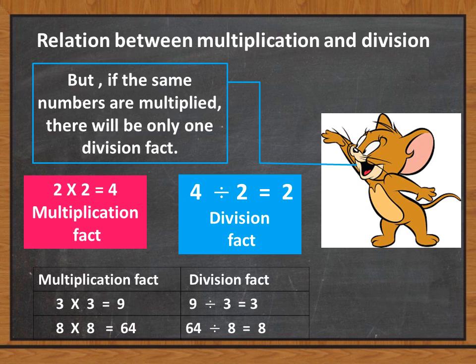Division fact is 9 divided by 3 equals to 3. 8 into 8 equals to 64. For this, 64 divided by 8 equals to 8. So, by these examples, we can say clearly, if the same numbers are multiplied, there will be only one division fact.